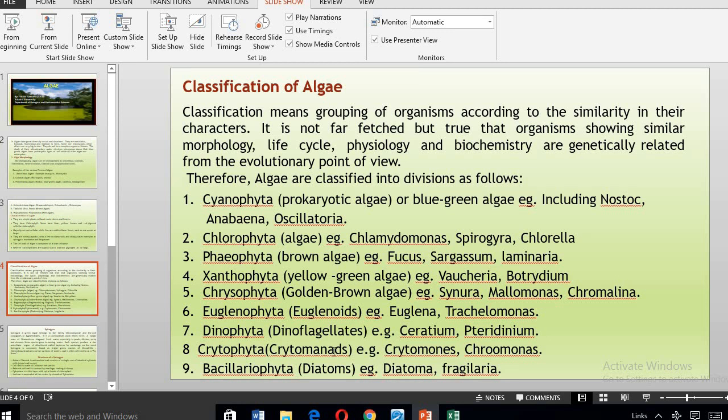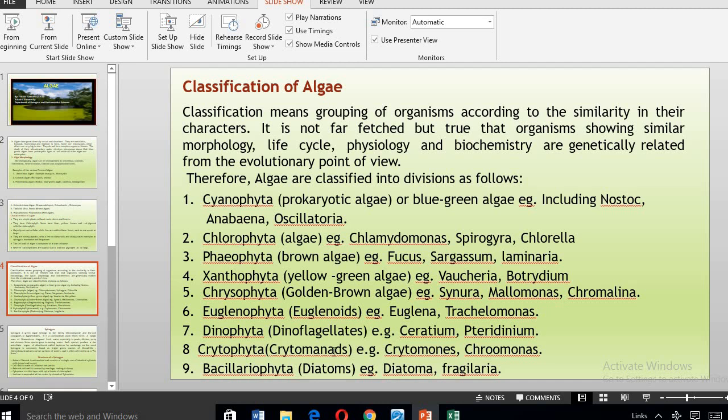If it ends in ALES, then that automatically is an order. And when it ends in IDAE, it is a subclass. In this lesson, we are going to look at the divisions. The other categories shall be looked at another level when we are looking at phycology.